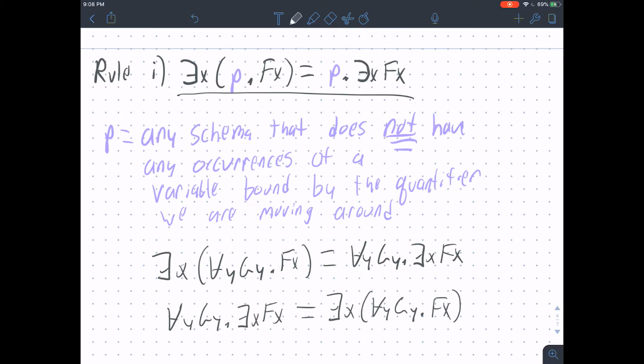Right. So this rule doesn't assert that the existential quantifier distributes over conjunction. What it asserts is if we have an existential quantifier and inside the scope there's a conjunction, and one part of the conjunction doesn't have any of the variables that the quantifier binds, then we can turn the whole thing into a conjunction where one side is the stuff without any variables the quantifier binds, and the other side is the existential quantifier plus the variables it binds.